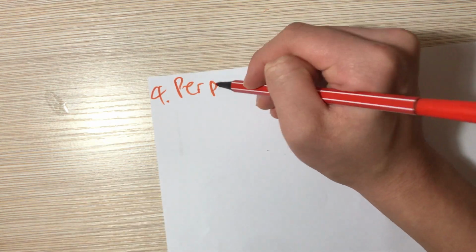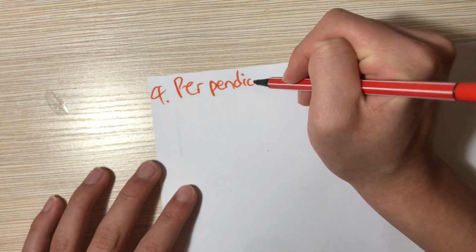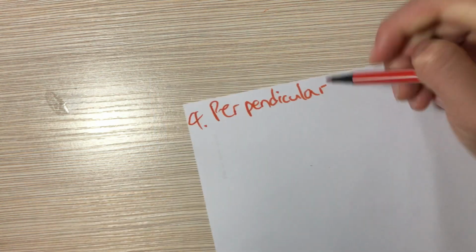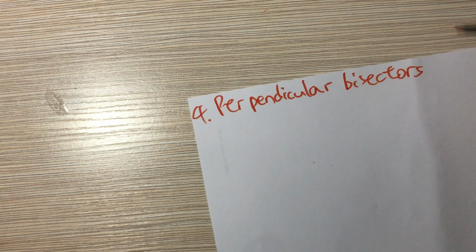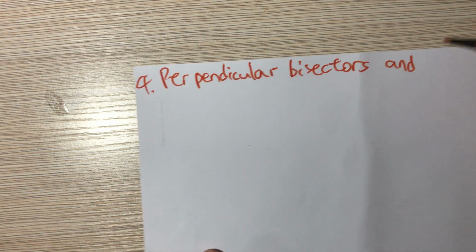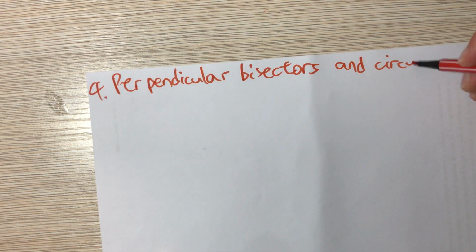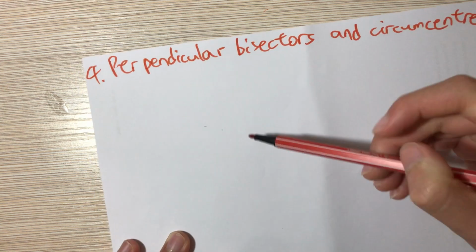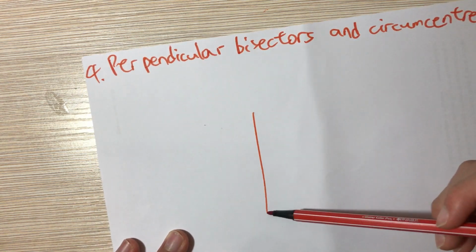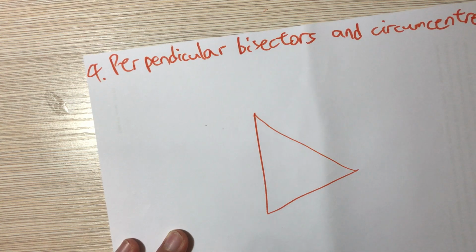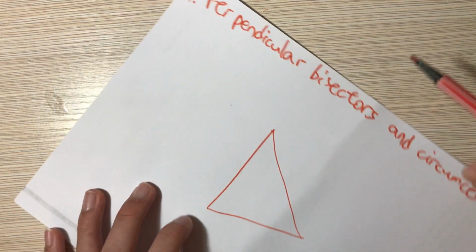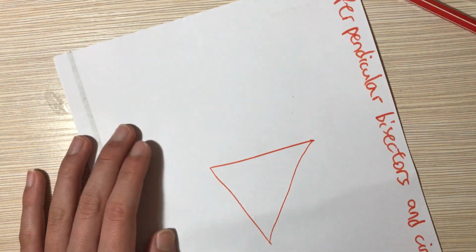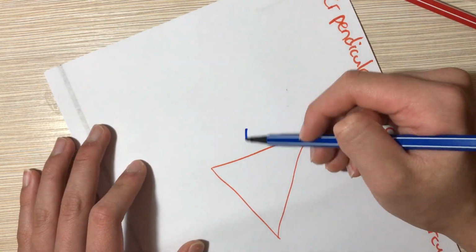Perpendicular bisectors and circumcenters. Now what is it? Consider we have a triangle, and then we construct a line that bisects the line.